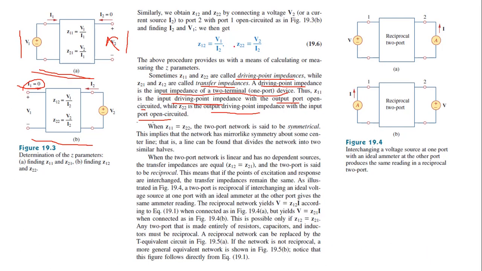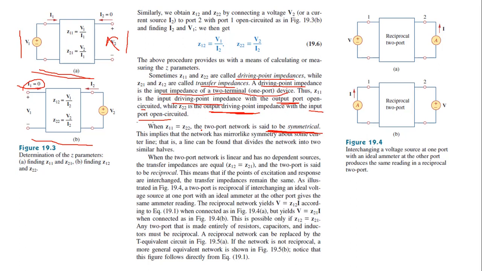Normally we obtain the input impedance by open circuiting the output terminal. Similarly, to obtain the output impedance, we open circuit the input port. When Z11 is equal to Z22, the two port network is said to be symmetrical, that is, it will have a mirror-like symmetry.